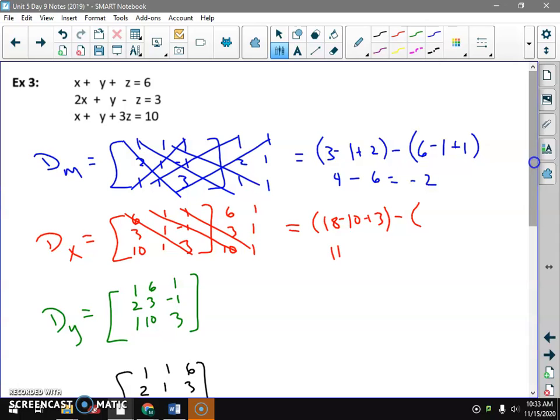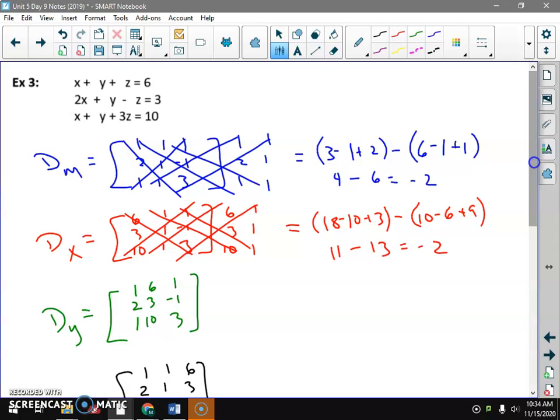Minus. Let's find this diagonal right here. 10 times 1 is 10. This diagonal right here, 6 times negative 1 is negative 6. This diagonal right here, 3 times 3 is 9. 10 plus 9 minus 6 is 13. 11 minus 13 equals negative 2.